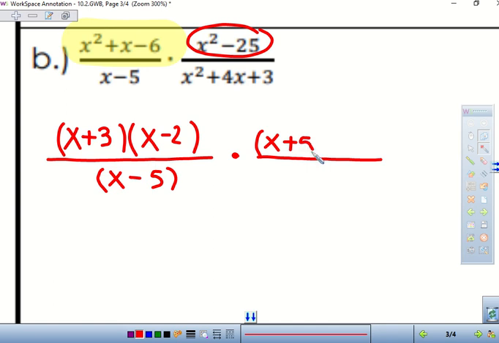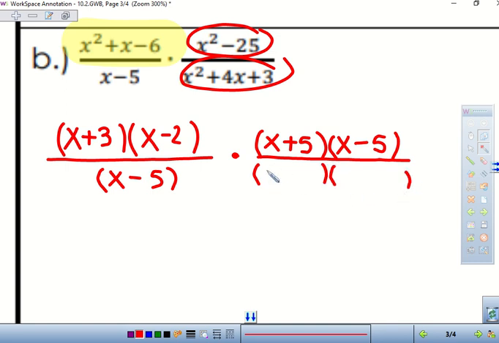Good. X plus 5 and x minus 5, we call that difference of squares. This bottom right here, what's that going to factor into? X plus 3 and x plus 1.